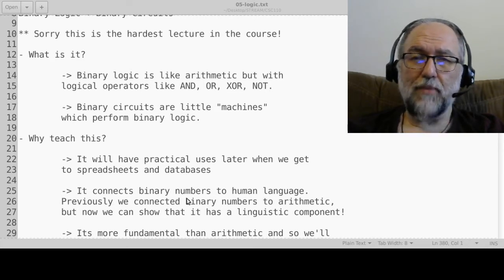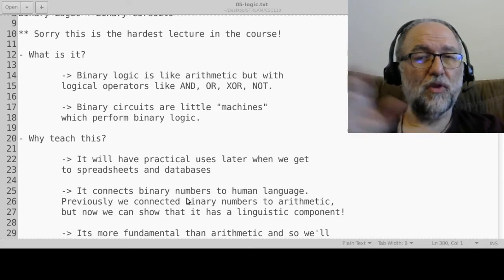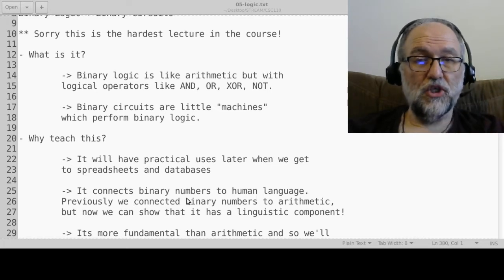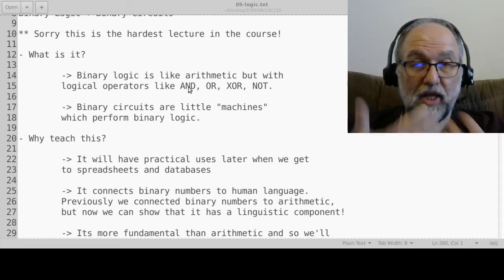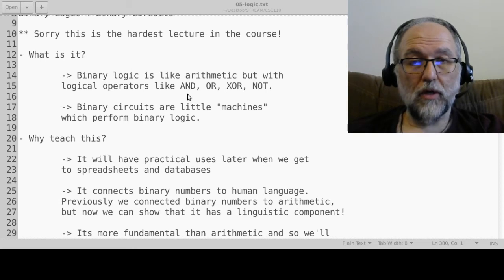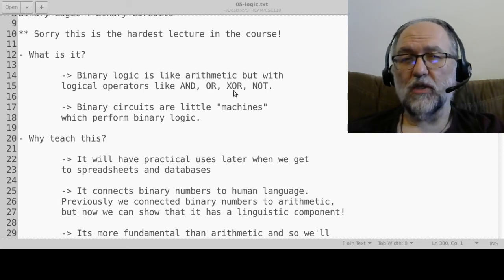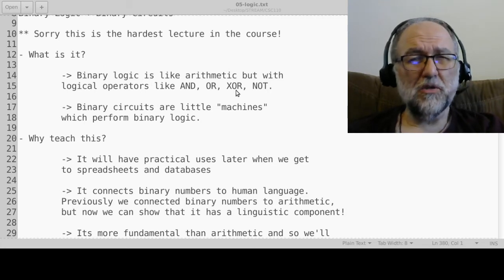There's binary logic, and even though it has a relationship with mathematics, it also has a relationship with human language. That'll especially come out when we talk about databases later on. And you can already see here that the operators, the things that join the binary numbers together, are actually English words. There's and, or. Now that XOR looks funny, but it just means exclusive or.